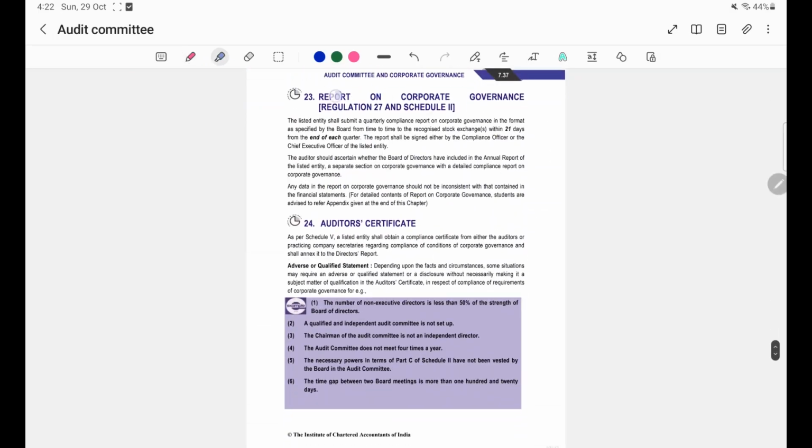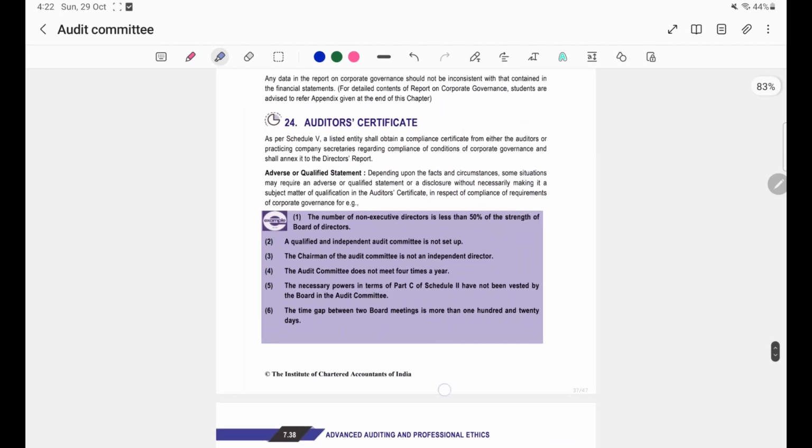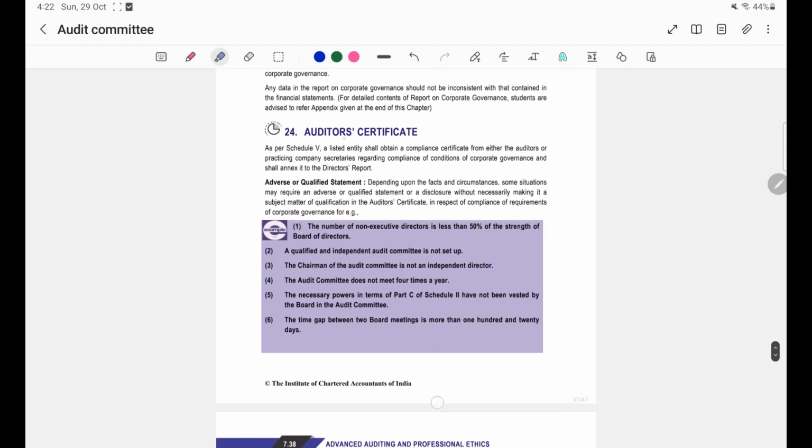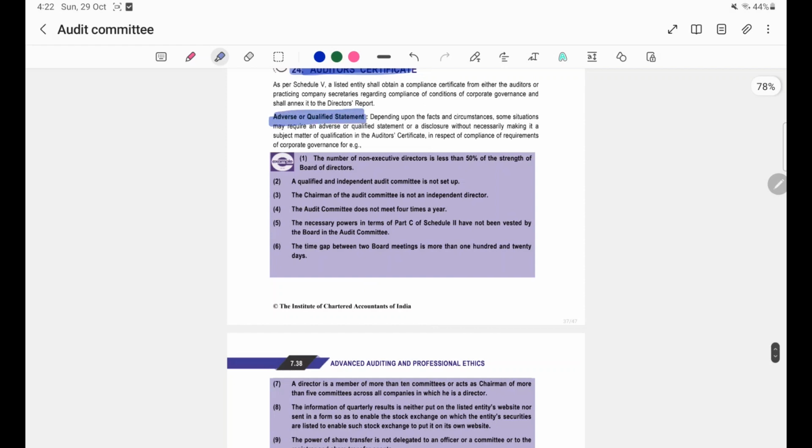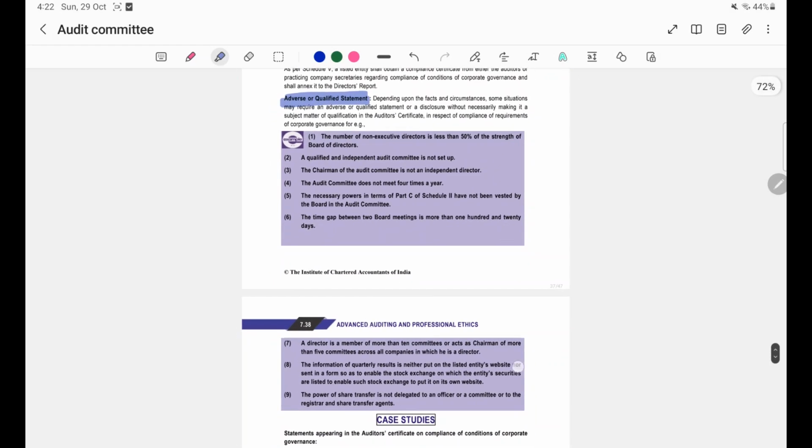Then there is report on corporate governance at the end, from the end of each quarter within 21 days. These limits are very important. Then in MCQ also it can come. Then there is auditor's certificate, adverse or qualified statement. Then depending upon the facts and circumstances, some situations may require an adverse or qualified statement or a disclosure without necessarily making it a subject matter of qualification in respect of compliance of requirements.